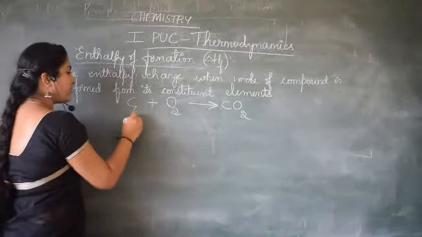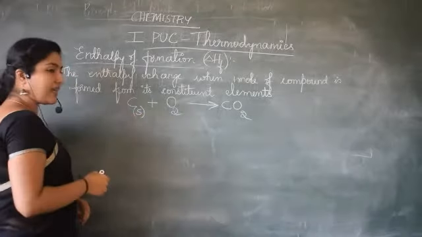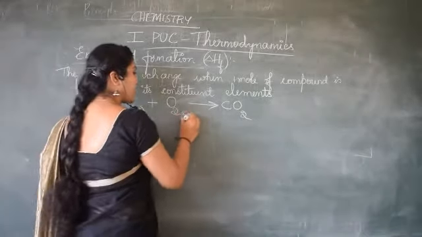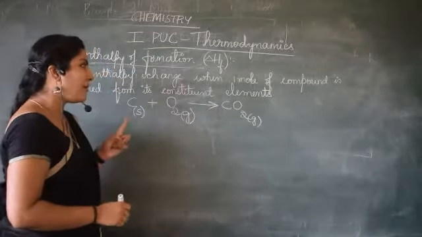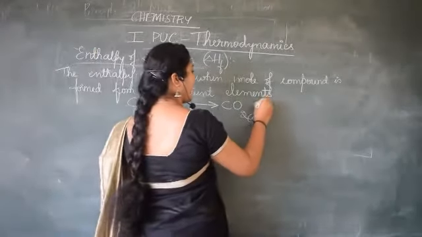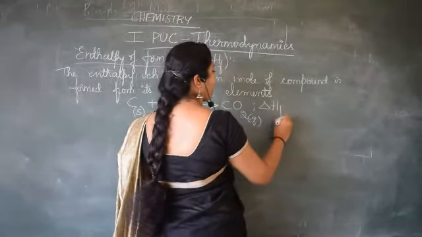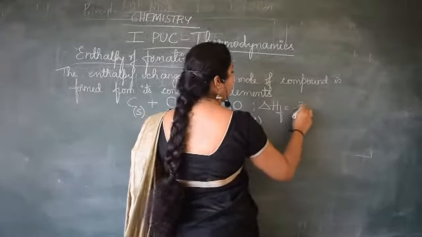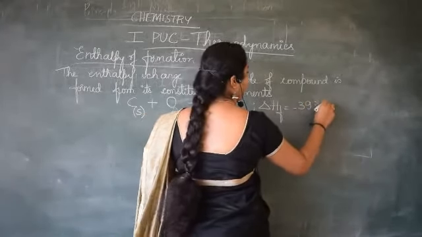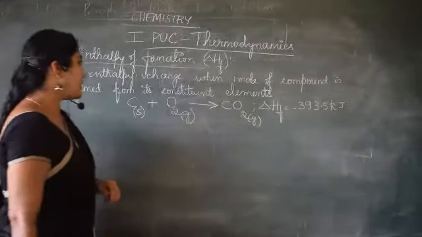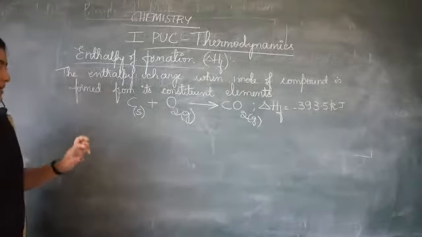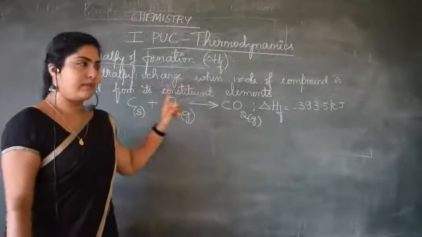Carbon is in solid state, oxygen is gaseous, and carbon dioxide is again gaseous. Now what is the enthalpy of formation? This delta H of formation value will be minus 393.5 kilojoule. So this is the definition for enthalpy of formation.